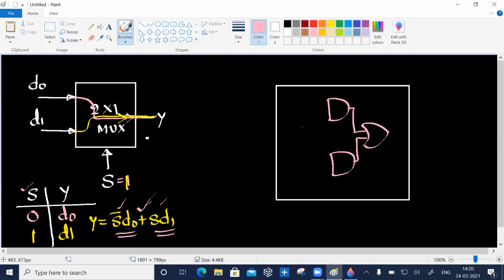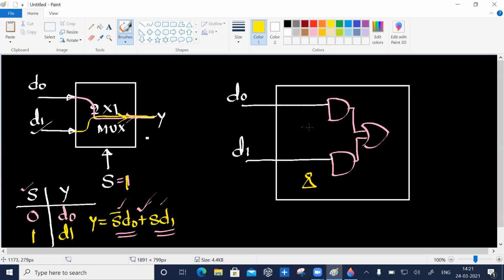Now the inputs: S complement D naught. From outside you have D naught here, and here you have D1. Now for S complement, let me put a NOT gate here.